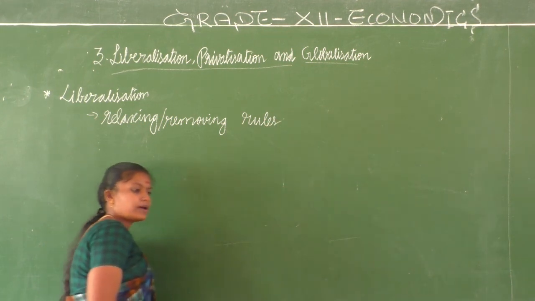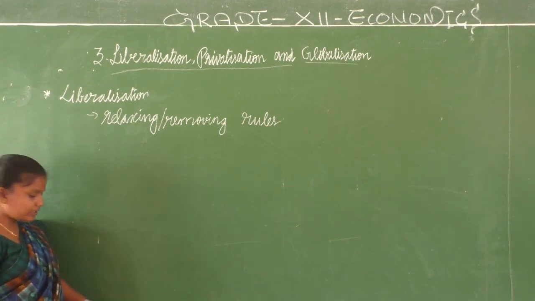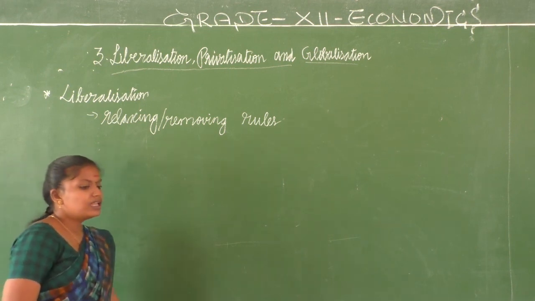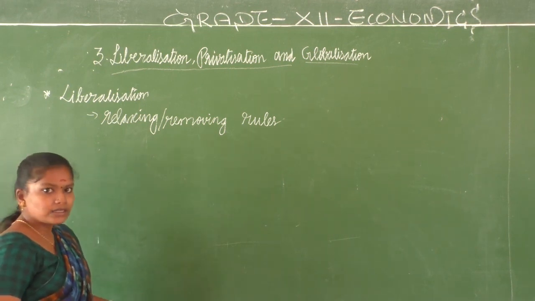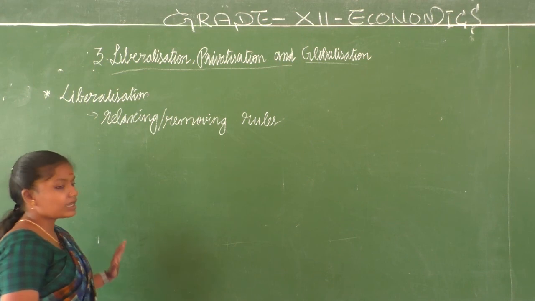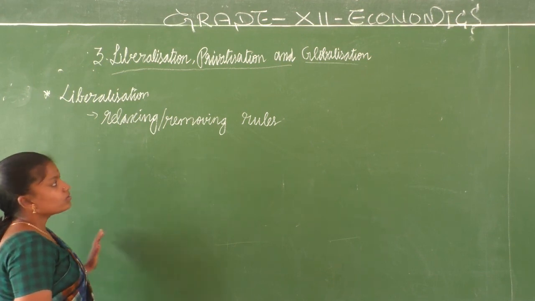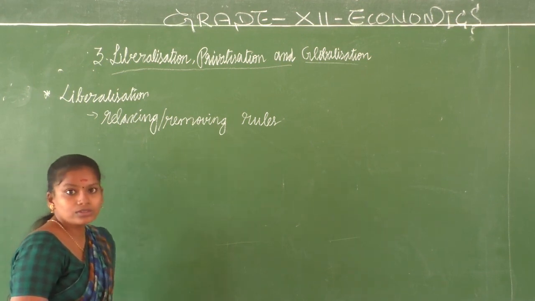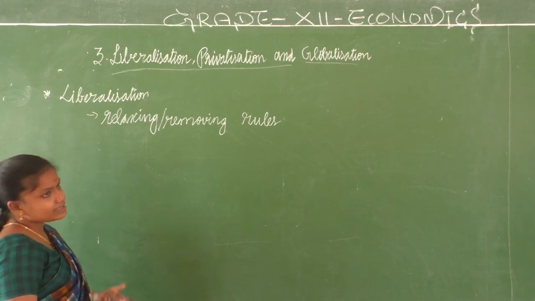Whatever was a little difficult to follow and difficult to handle, all of those things were relaxed and removed. So relaxing and removing rules happened through liberalization.